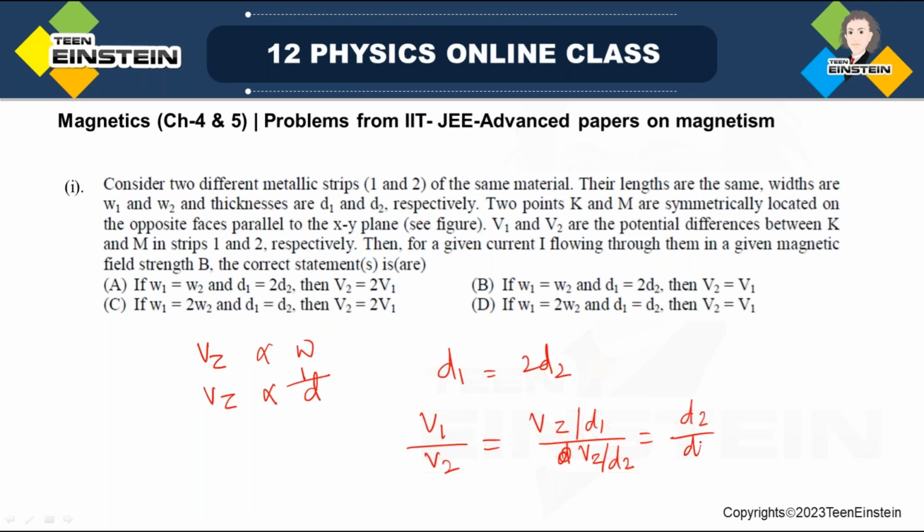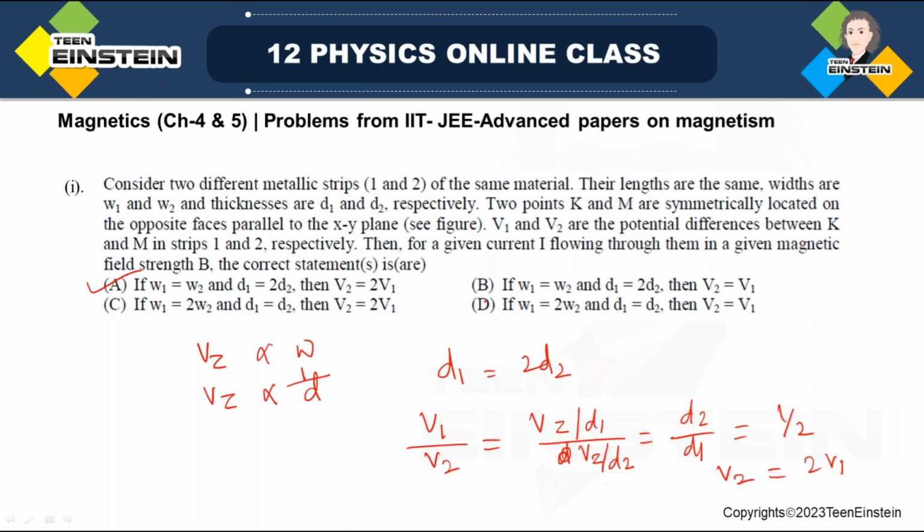So D2 by D1, and D1 is 2D2, so it will be half. Therefore V2 will be 2V1. So this option is correct.